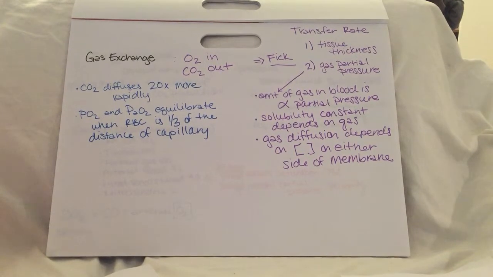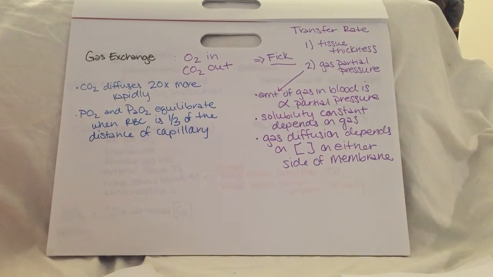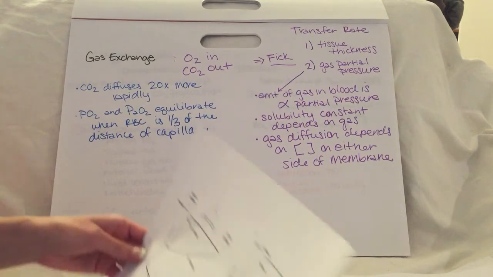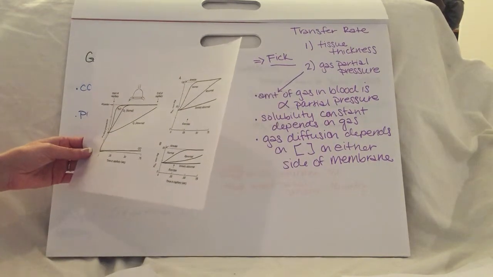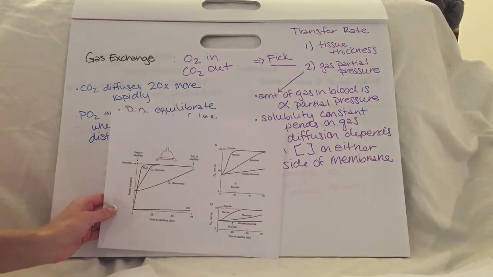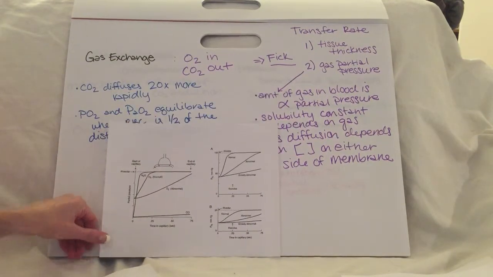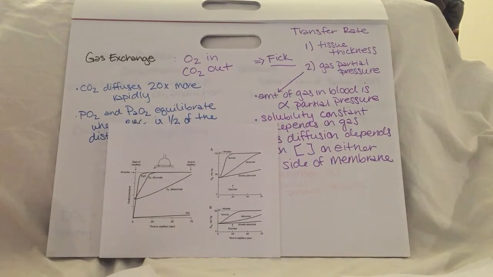Pathology can alter this curve to the point where delivery is dependent on cardiac output due to increased demand or decreased supply. We see a good example of this when we look at the curves of oxygen delivery with exercise.